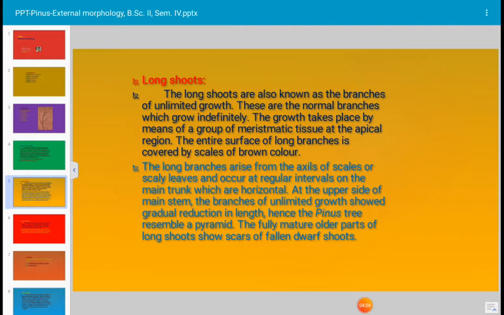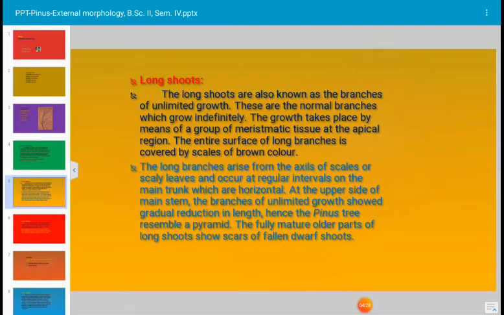Meristematic tissue is a highly dividing tissue that occurs at the end of the branches of long shoot, and that divides continuously and growth of the branch takes place. The entire surface of long branches is covered by scales of brown color.